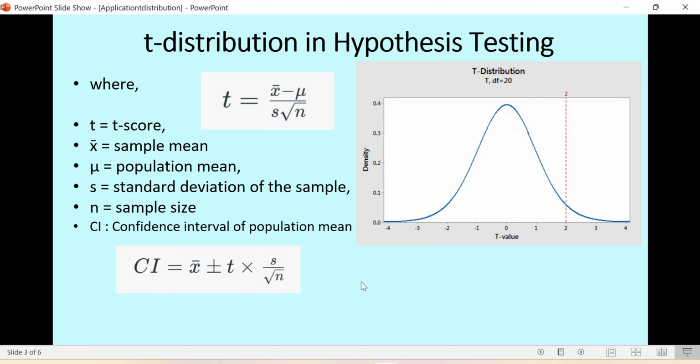If the confidence interval covers this mu value, then we do not reject this hypothesis. If the confidence interval does not cover this mean value, then we reject the hypothesis that the population equals this mean value. So these are the two ways around.